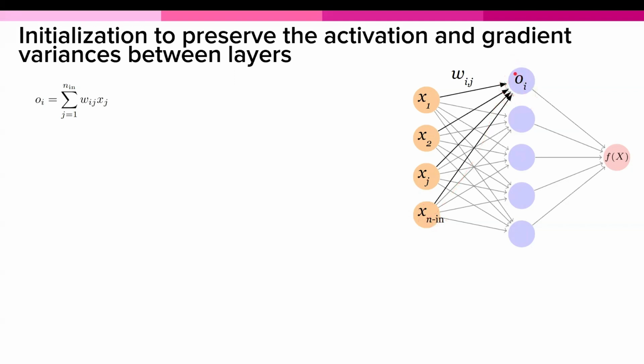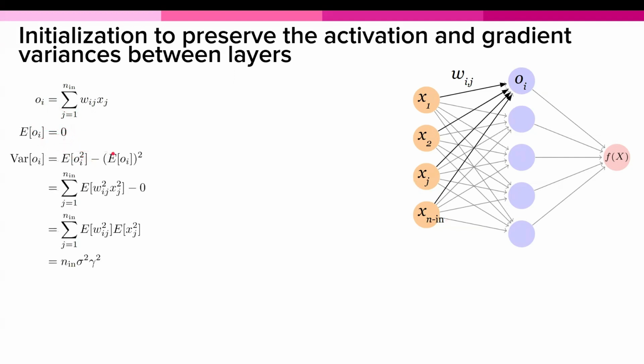And if we assume that each weight w_ij is drawn from a distribution with zero mean and some variance, and that the inputs also have zero mean and a given variance and are independent of each other and the weights, then the expected value of the output of the ith neuron, its mean, is zero.